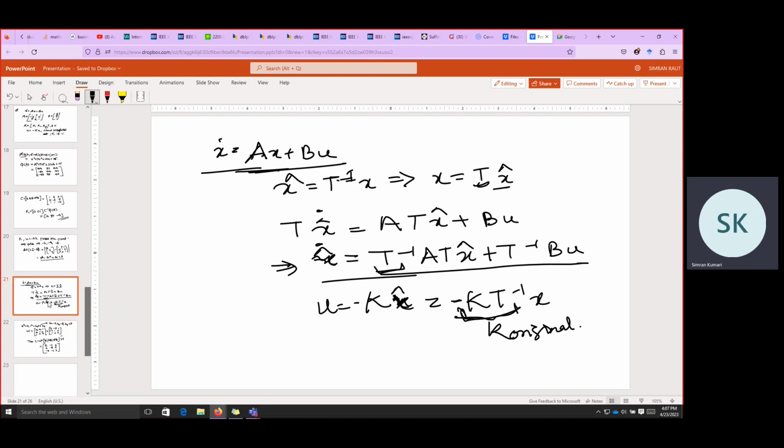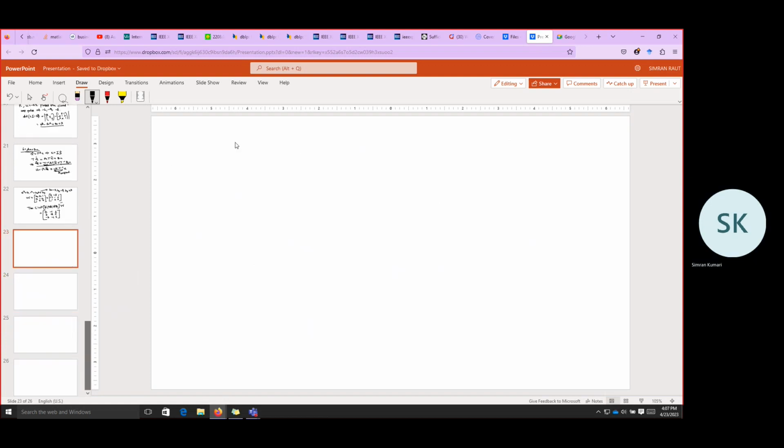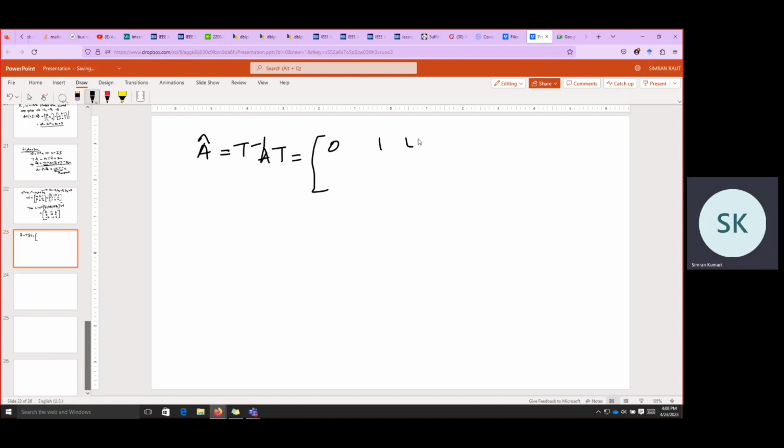Now we have to find a new A matrix. The new A matrix will be T inverse AT, and the new B matrix will be T inverse B. So A cap is equal to T inverse A T. Just cross multiply, and we will get 0, 1, 0, 0, 0, 1, minus 3, minus 3, 3.